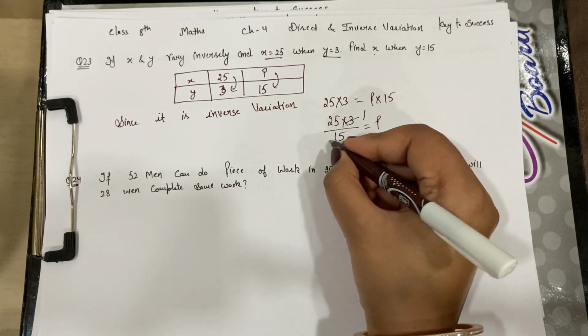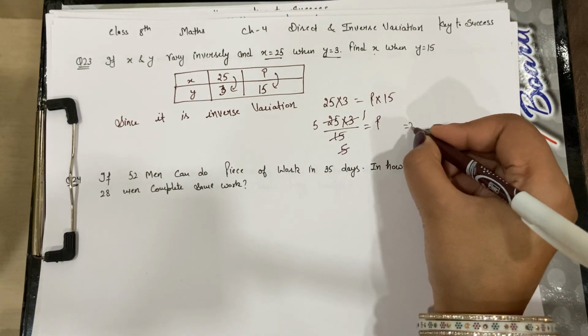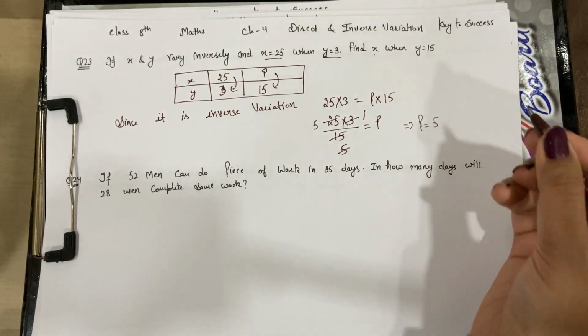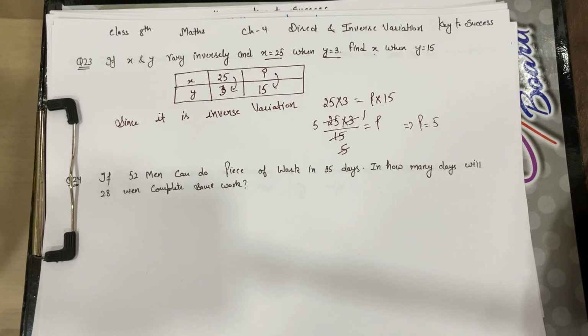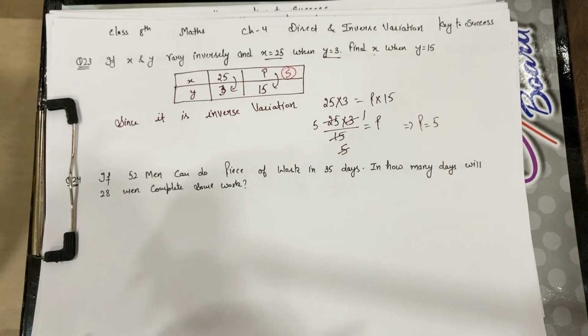On the table of 3, on the table of 5. So the value of p is 5. Correct? This was a question of inverse variation.